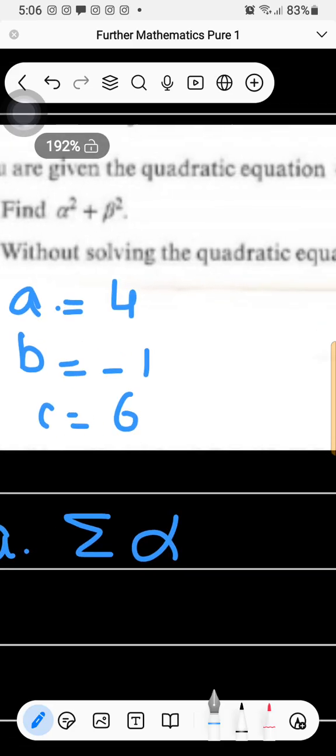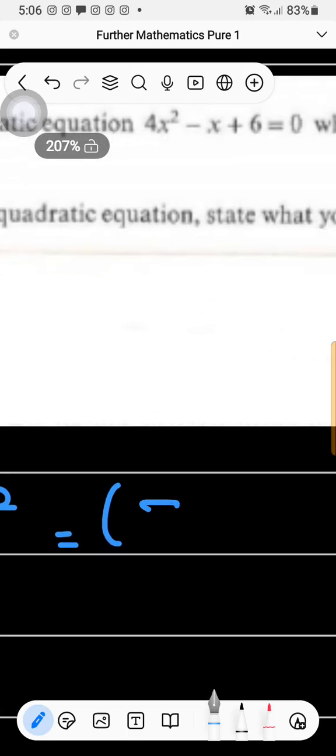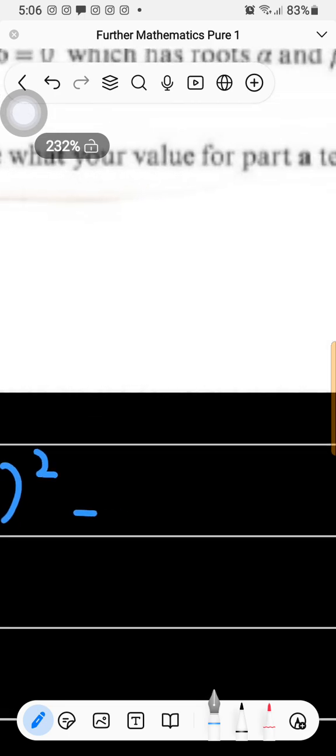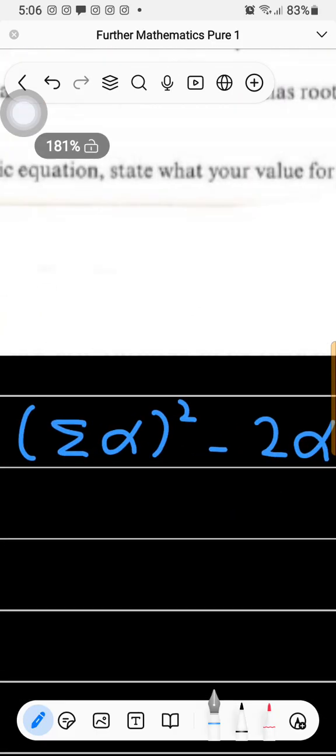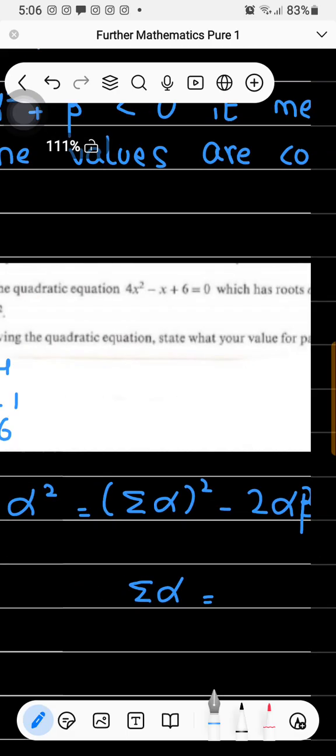Sum of alpha square is equal to bracket sum of alpha whole square minus 2 alpha beta. So we have to find sum of alpha. To find out sum of alpha, we know the formula negative b upon a.